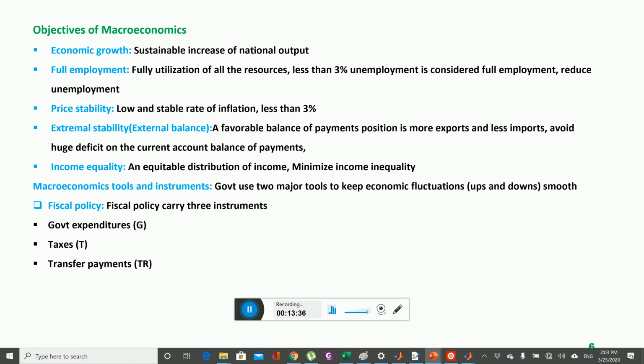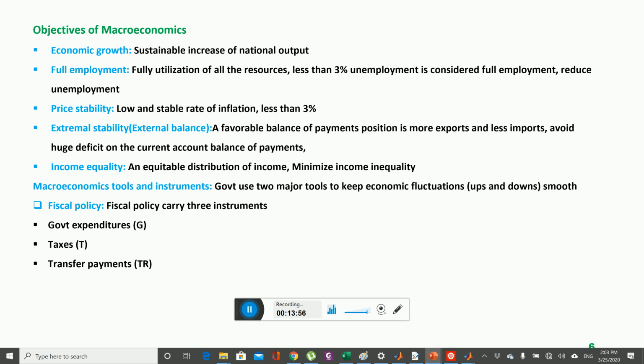So when the government spends $1 million in these areas, automatically the demand of the businessmen and the common people will increase. Businessmen will demand labor, capital, raw material, and job opportunities in the economy will increase.